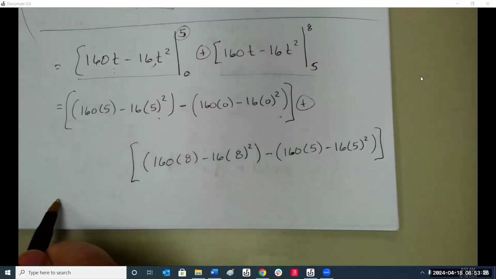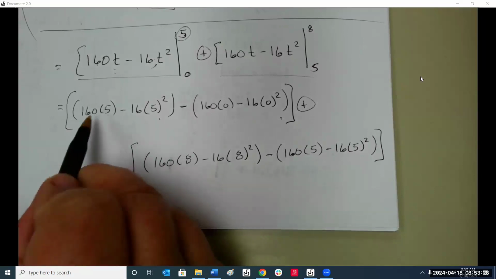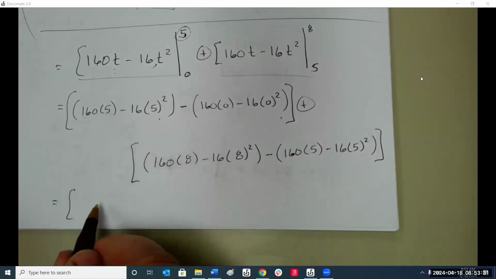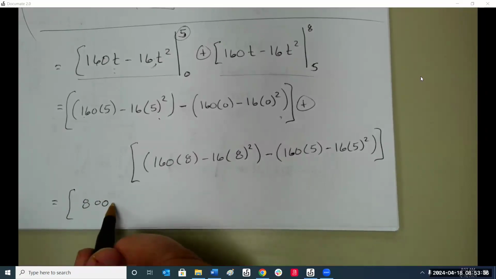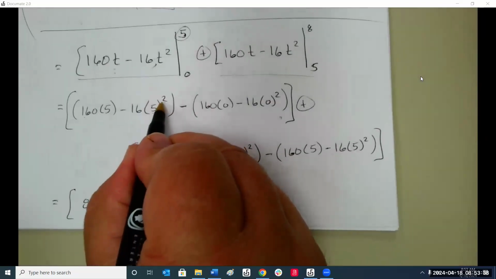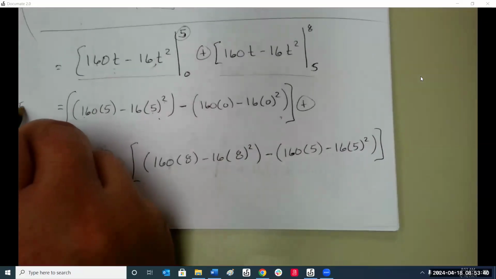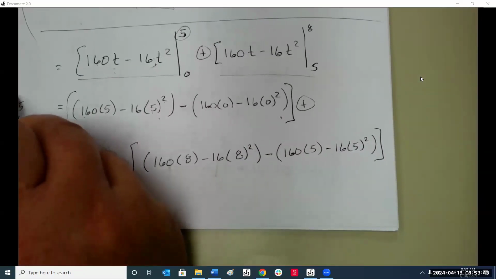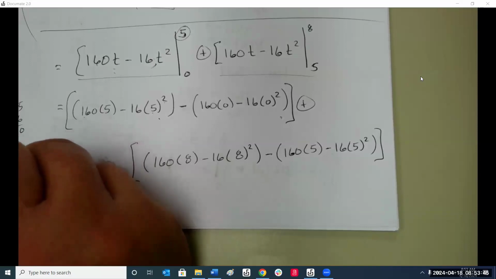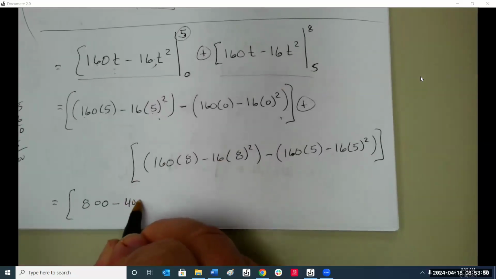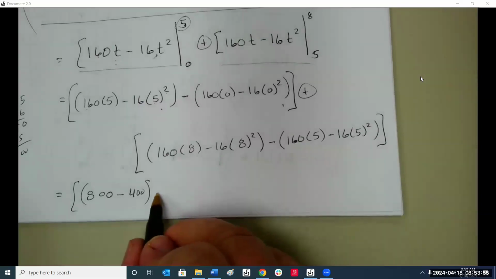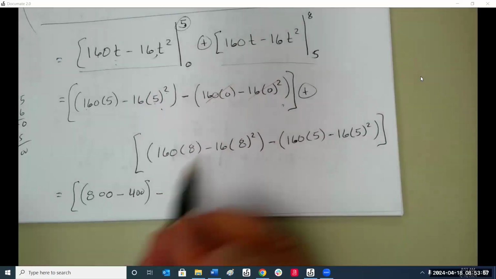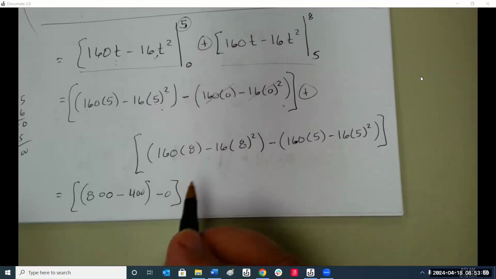Now we do the calculations. In this first bracket, 160 times 5 is 800. 5 squared is 25. 25 times 16 is 400. Minus that's 0, minus 0.